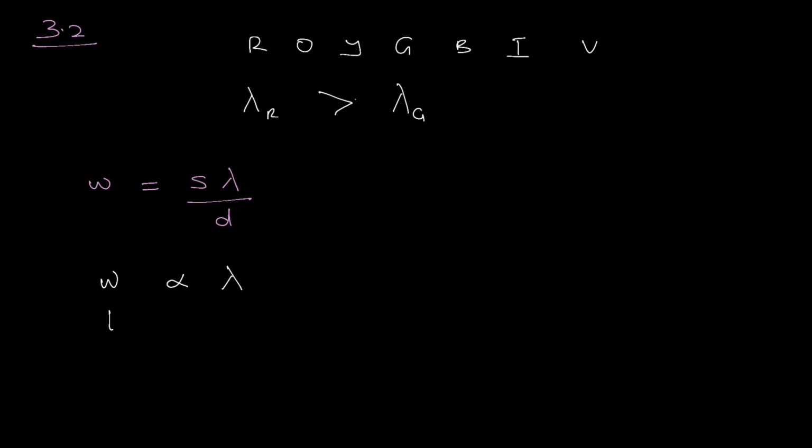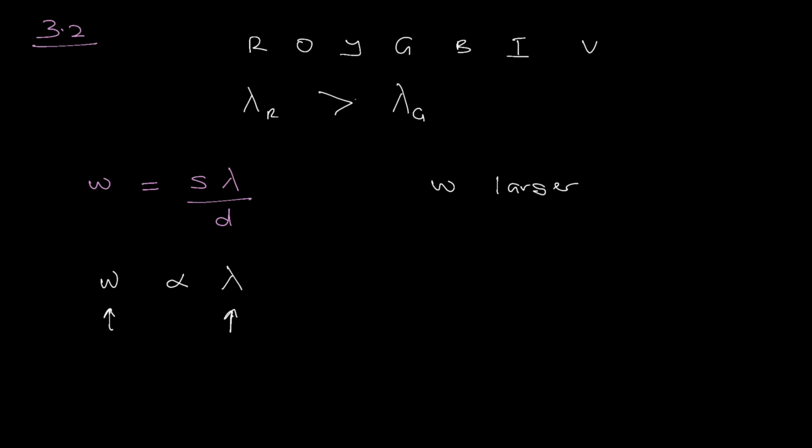So if W increases, the wavelength increases. That means if the wavelength increases, then the separation increases. Because we're replacing the green with red, we are increasing the wavelength, which means the separation will get wider. So W will get larger because we're increasing the wavelength from green to red.